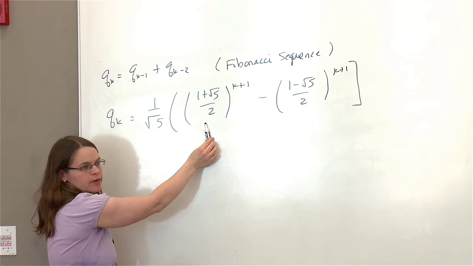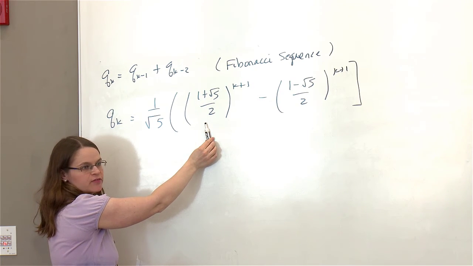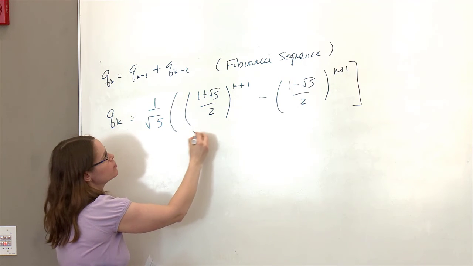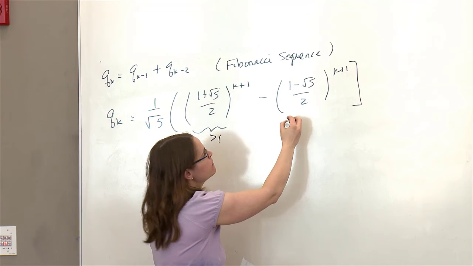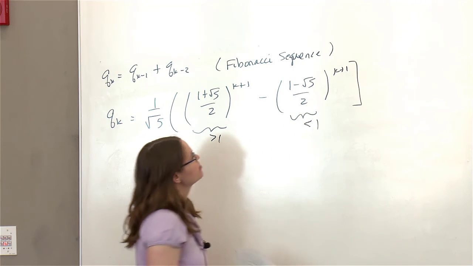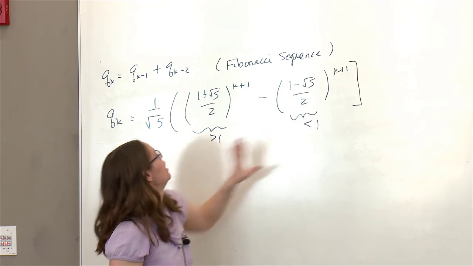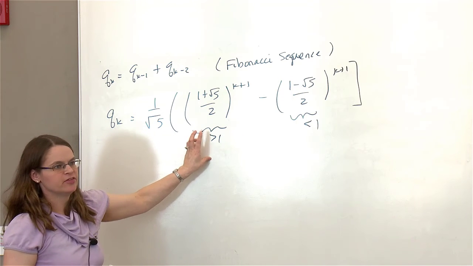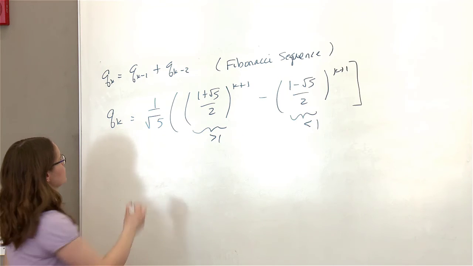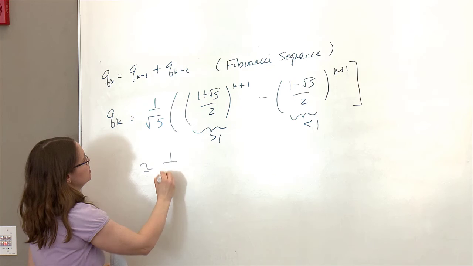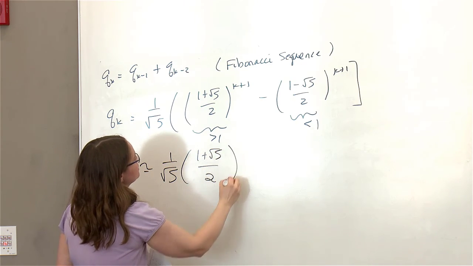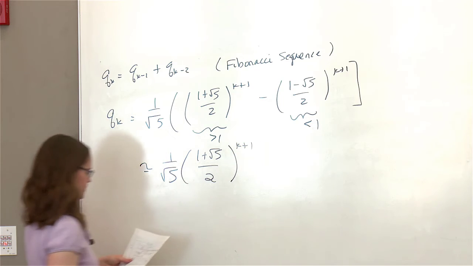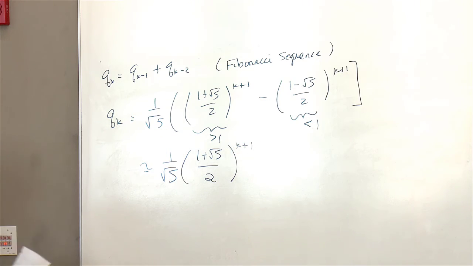This guy's bigger than 1 in magnitude, yes? 1 plus root 5 over 2. Okay, this is bigger than 1. This is less than 1 in magnitude. So as k gets large, this term goes away, and we're basically being dominated by this term. So we're going to say this is approximately 1 over root 5 times (1 plus root 5 over 2) to the k plus 1, for large k.